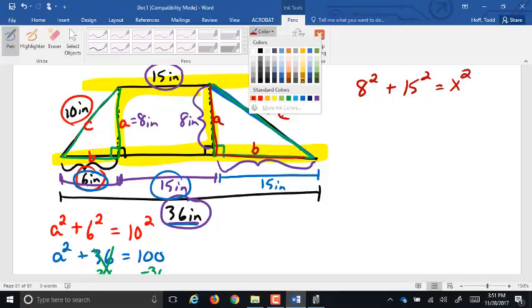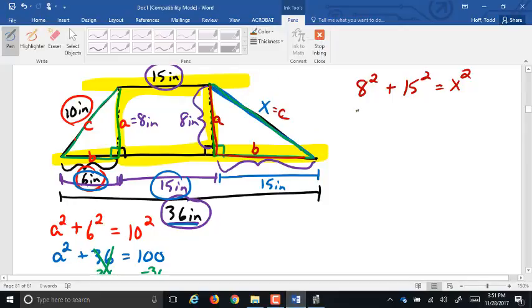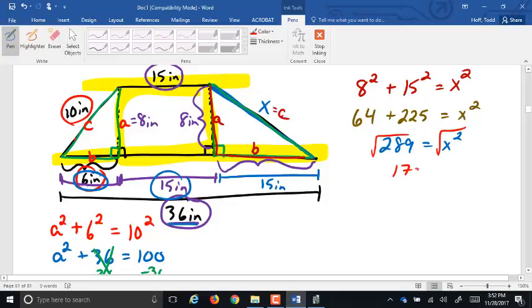And now we'll just solve that. 8 squared is 64. 15 squared is 225. This is looking a little familiar. That adds together to be 289 equals x squared. And we square root. So 17 equals x. So this is 17 inches here.